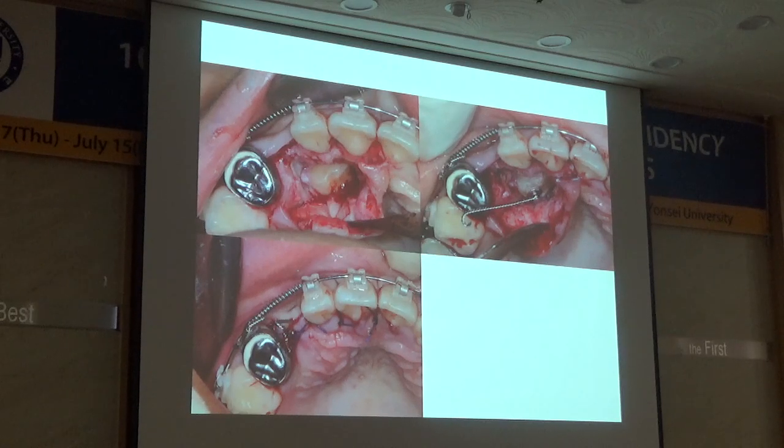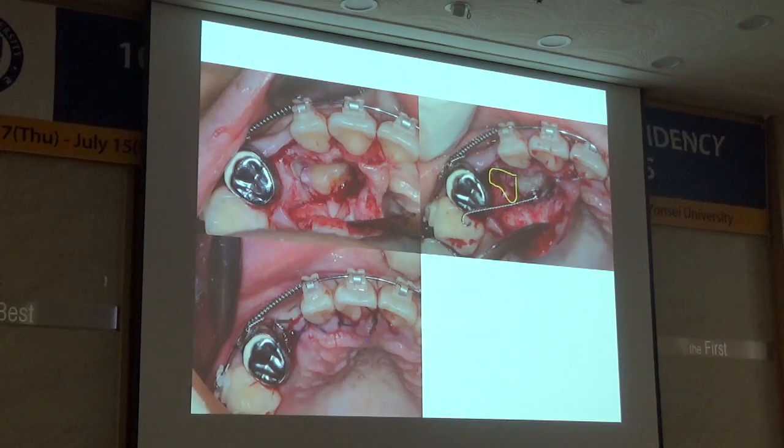You can see the defect of the bone tissue in here, right? This is the same thing, that I removed the bone tissue which the infected tooth has to go through.